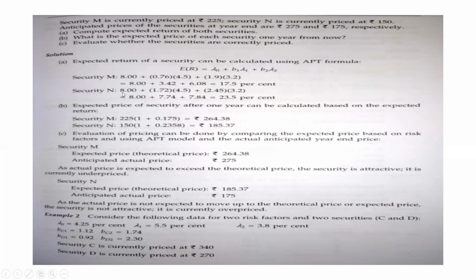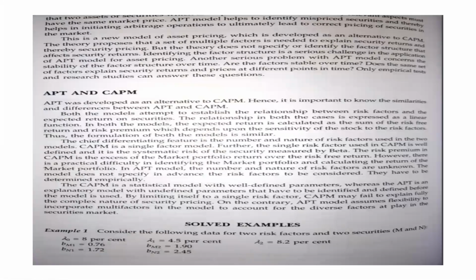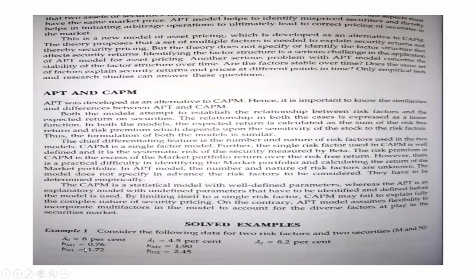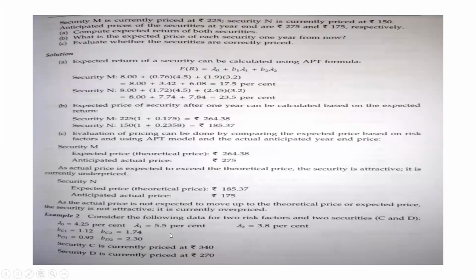The first one is the risk-free rate of return, which is 8. It is already given in the question as 8, the risk-free rate of return, plus the sensitivity to factor 1 of security M, that is 0.76 into the risk premium of the first factor.